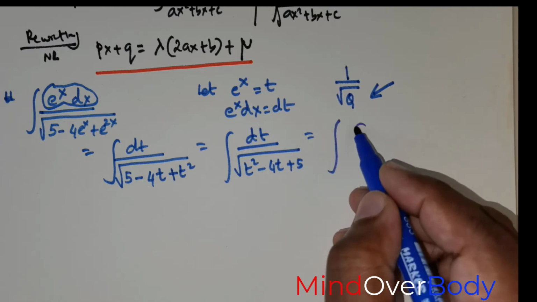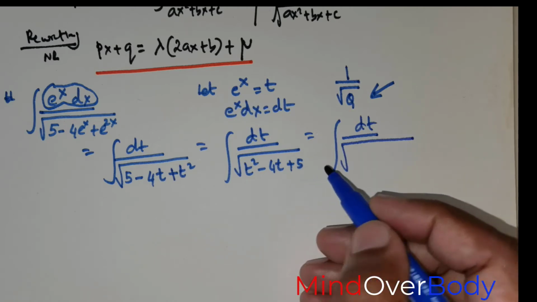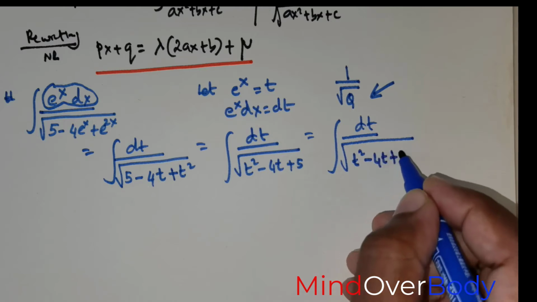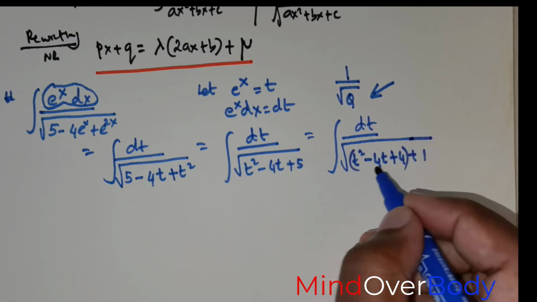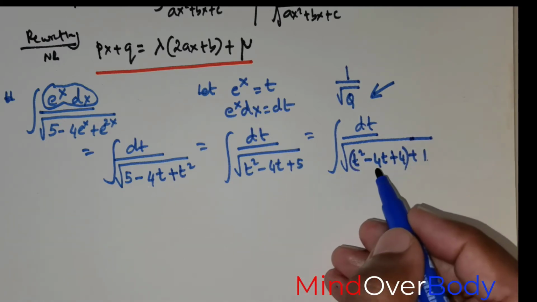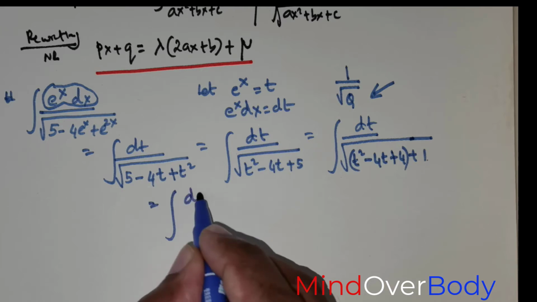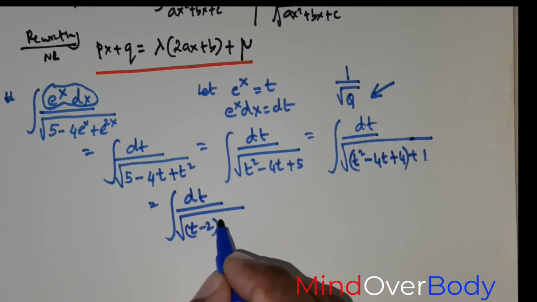This is going to be integral dt over the square root of, splitting 5 as 4 + 1, (t² − 4t + 4) + 1. Now what is this? This is (t − 2)². So this equals integral dt over the square root of ((t − 2)² + 1).